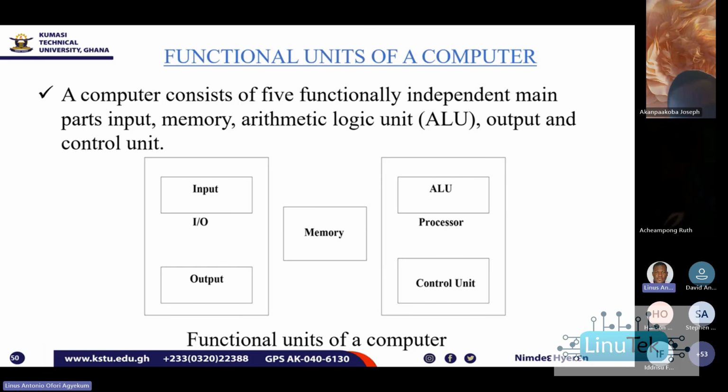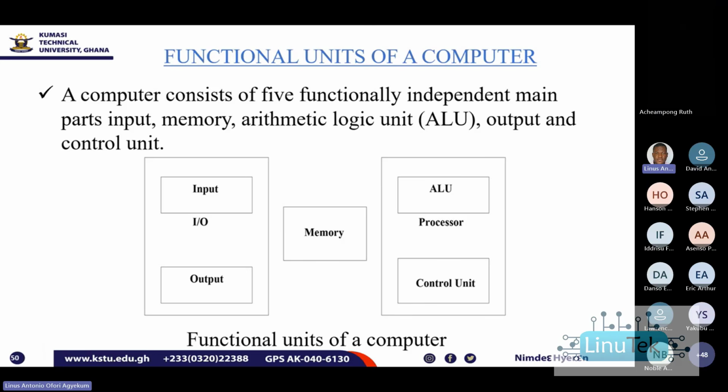Some examples of this input unit are the keyboard, the mouse, the trackball, and microphones. In some cases, you have some transducers or sensors that are able to pick some inputs and feed into a system. These are all input devices.